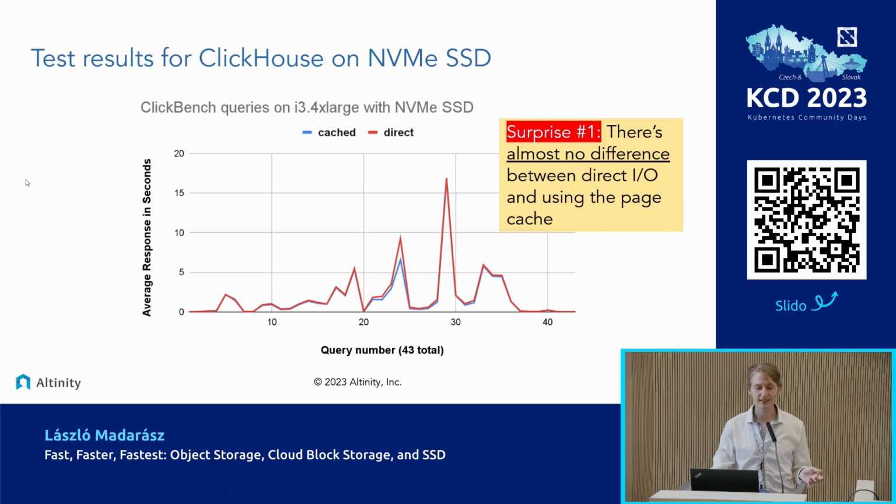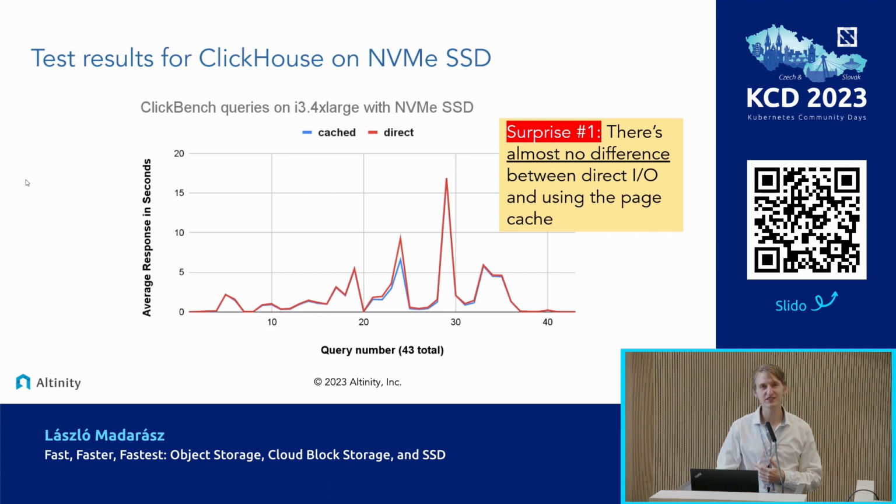The first test that we did was on NVMe, and the interesting thing here is that you can see in blue the results when caching was enabled, and the red one means that we disabled the operating system cache, and there is almost no difference between the two. How can this happen? As you could see in the previous examples, cache improved performance a lot.